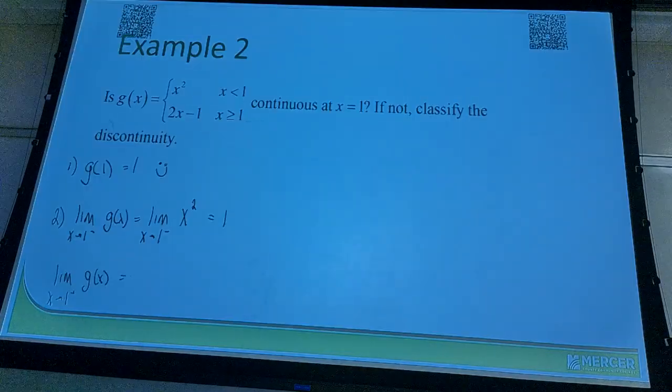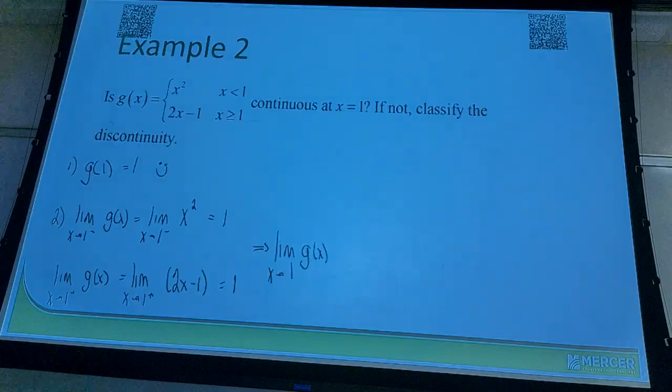Right-handed limit. What piece? The bottom. Why? Right, we're to the right of 1, so all the values are larger. What's that limit? 1. Does the limit exist? Yeah.